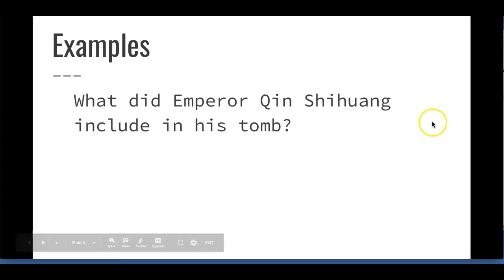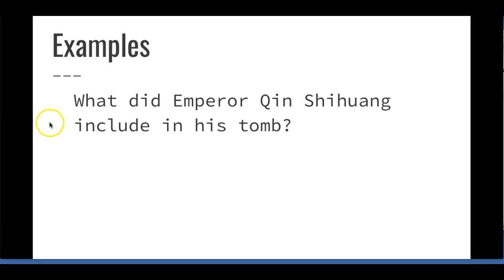This again is an example. You may not be studying ancient China at the moment, but this gives us a question to answer. So the question reads, what did Emperor Qin Shi Huang include in his tomb? What is the main idea of the question?